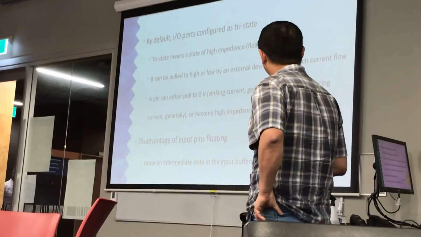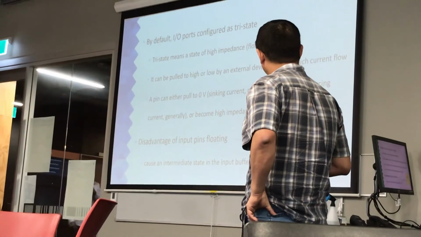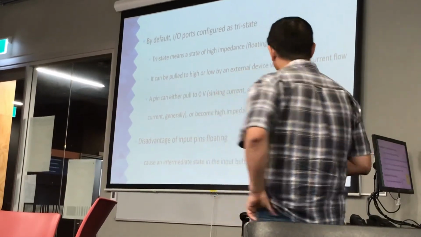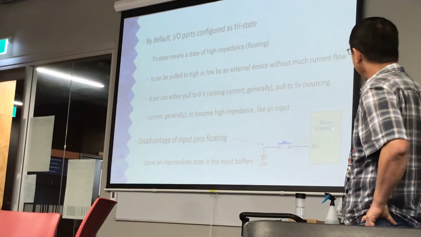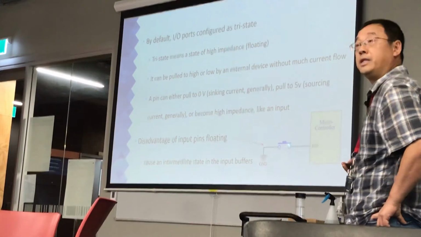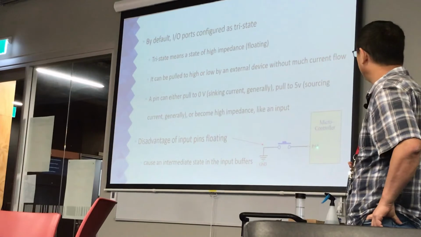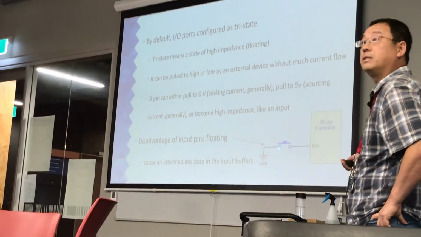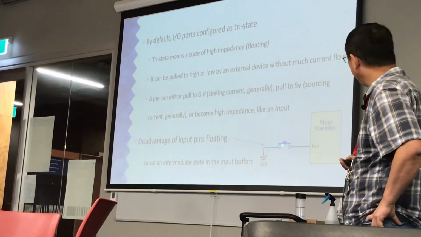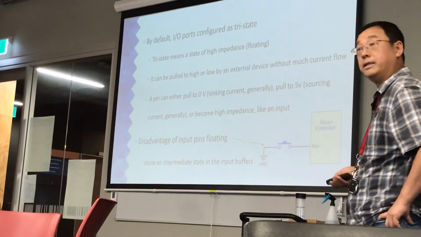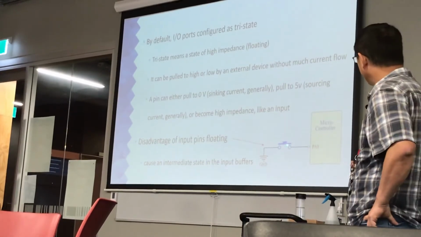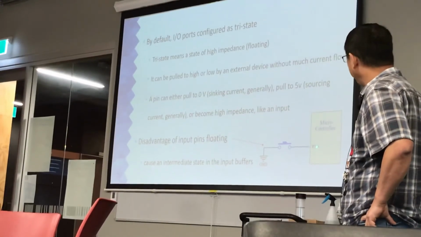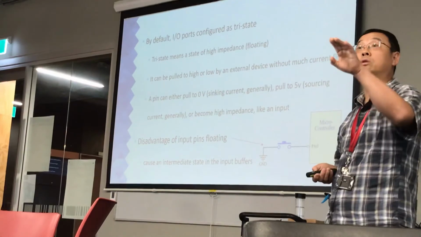Let's take a look at this circuit. For example, if I have a microcontroller with an I/O port PA0, and I use PA0 as an input, I can read this button state. If my button is pushed down, PA0 goes to ground.